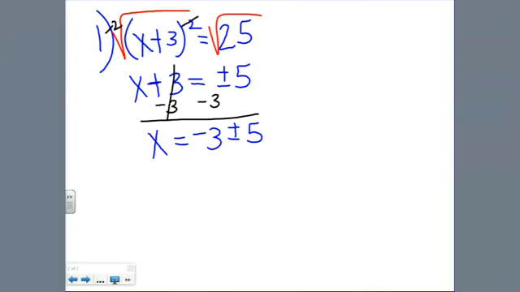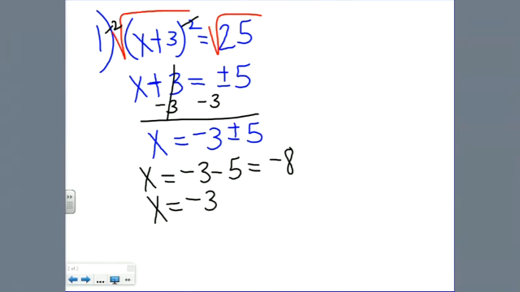So one potential answer is x is equal to negative 3 minus 5, or just negative 8. And our second answer is negative 3 plus 5, which is a positive 2.